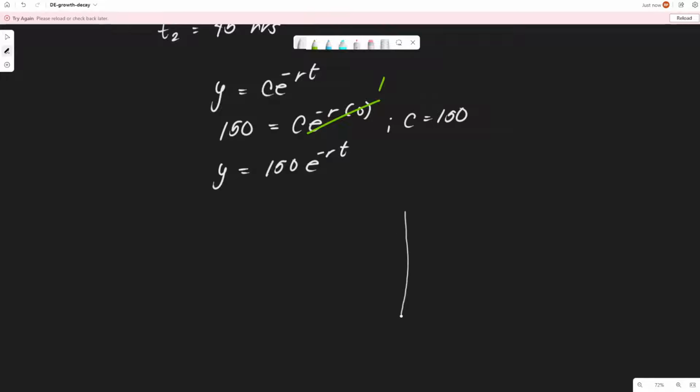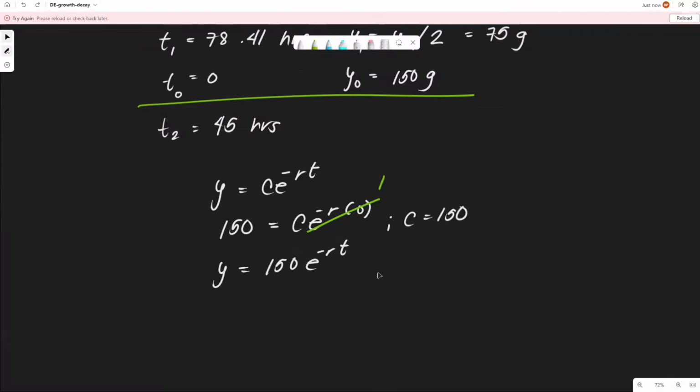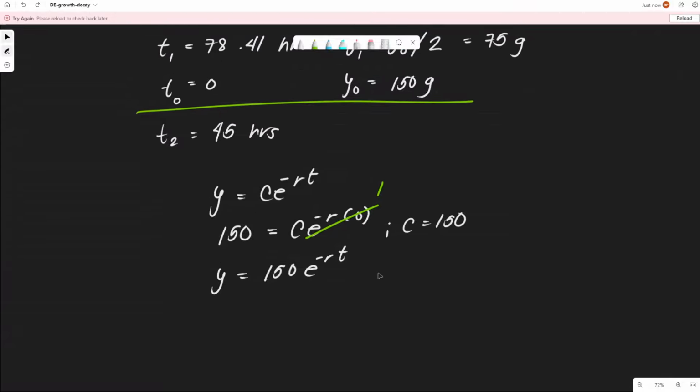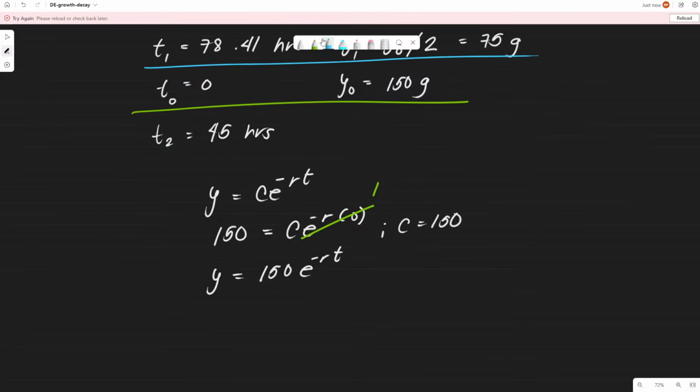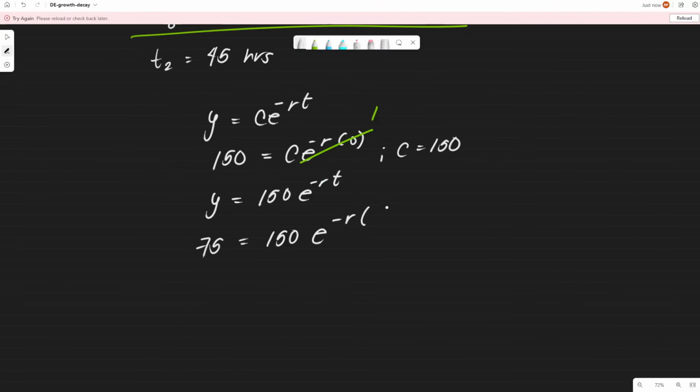In the first one, r was cancelled because negative r times 0 is simply 0. In the second, at t1, 78.41 hours, y1 is equal to 75 grams. So we have 75 is equal to 150 e raised to negative r times what? What is our time? 78.41.